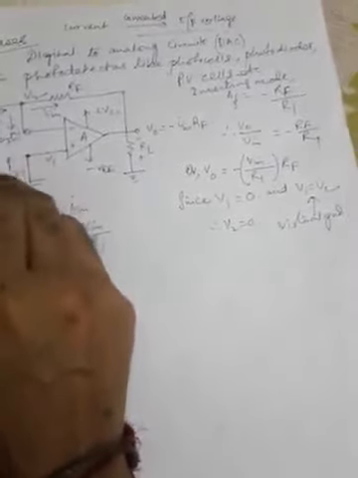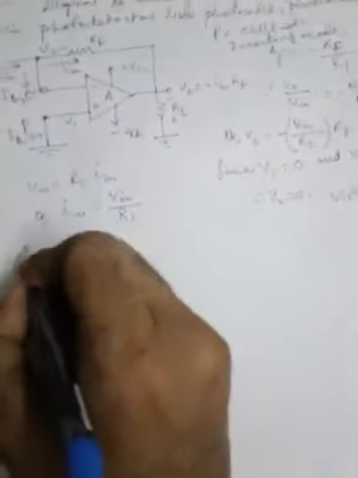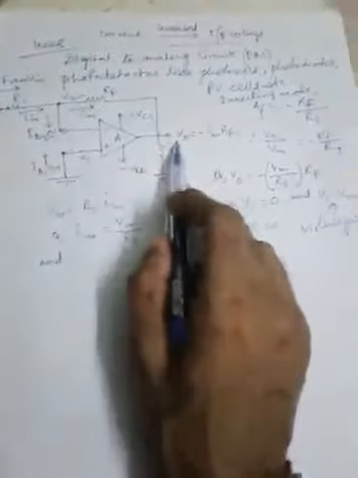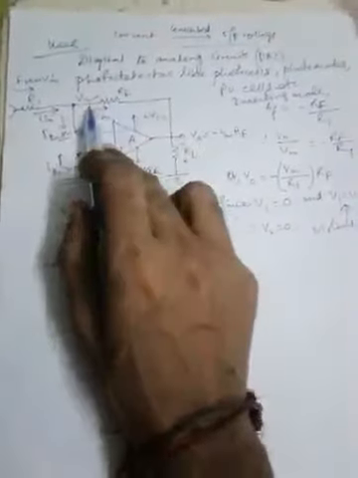So we can say V in minus 0 divided by R1 is I in. So I in is nothing but V in by R1. Okay, and from this circuit this voltage is 0 and this voltage is VO. So 0 minus VO by RF is I in.